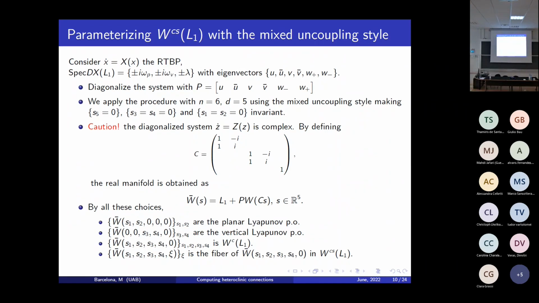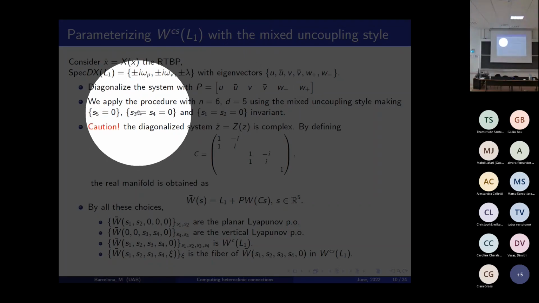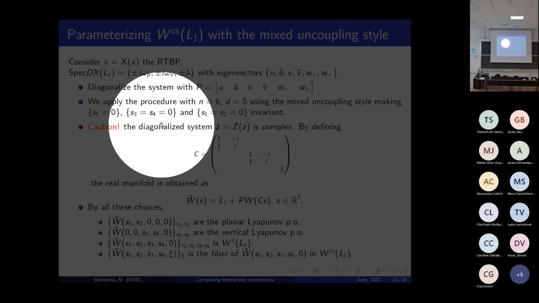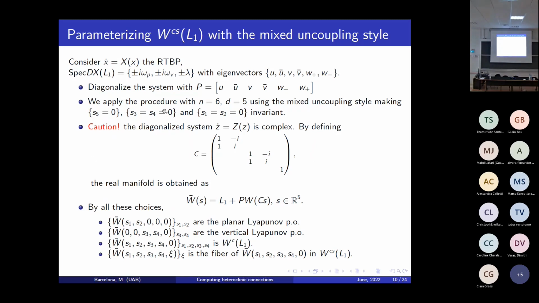So we apply this procedure with n equal to 6 and b equal to 5, using this mixed uncoupling style by setting S5 equal to 0 invariant, S3 equal to S4 equal to 0 invariant, and S1 equal to S2 equal to 0 invariant.